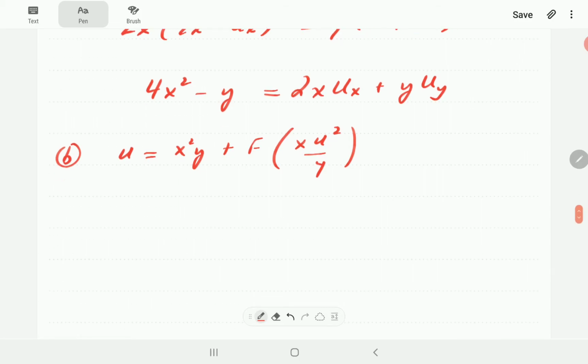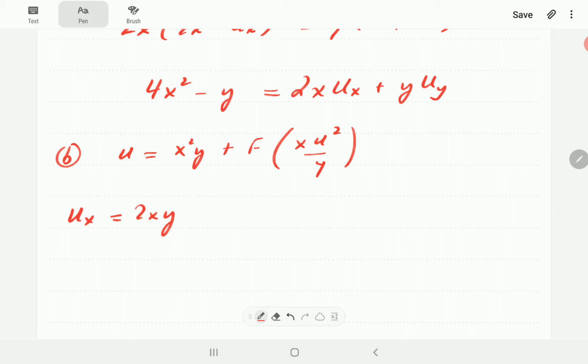We're going to differentiate this thing once with respect to x. So if we do that, the left hand side is going to be ux, and then the derivative of the first term is going to be 2xy. Then here we're going to have to use the product rule because there is x here, and yet u is also a function of x.